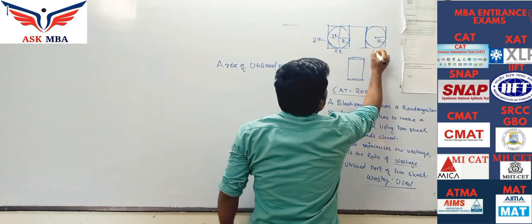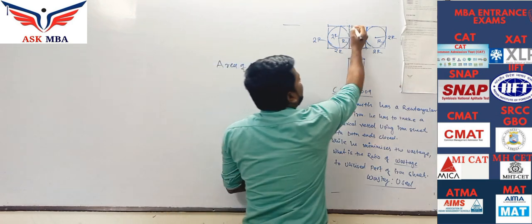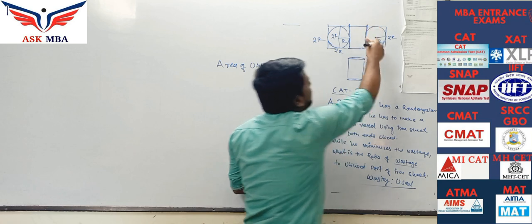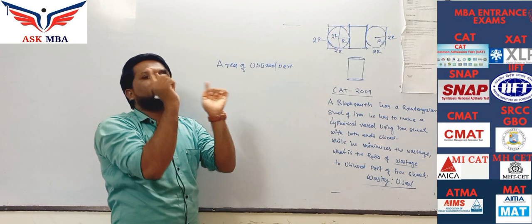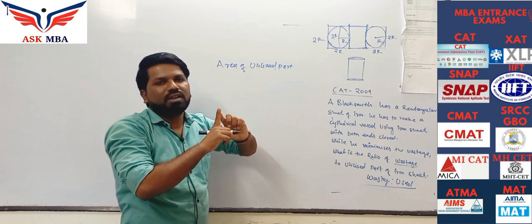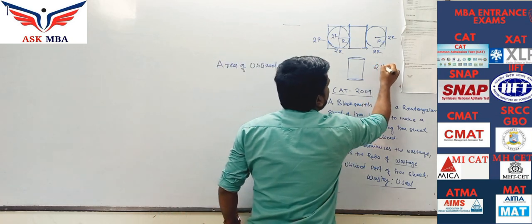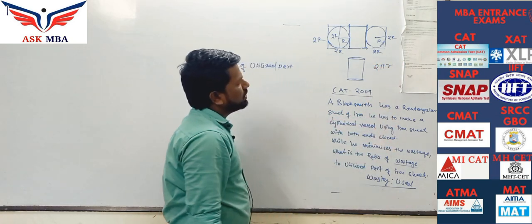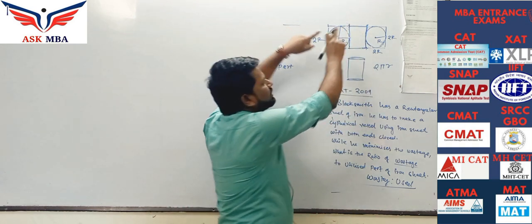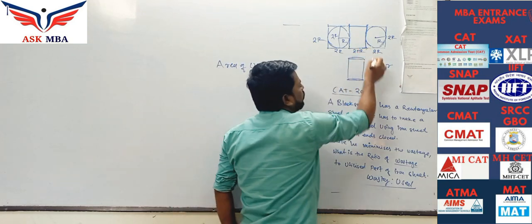Similarly for this circle, 2r and 2r. This side will be converted to the perimeter of the circle. The perimeter of a circle is the circumference, that is 2 pi r. So this side is nothing but the circumference of your circle, which will be equal to 2 pi r. I hope you are getting my point.